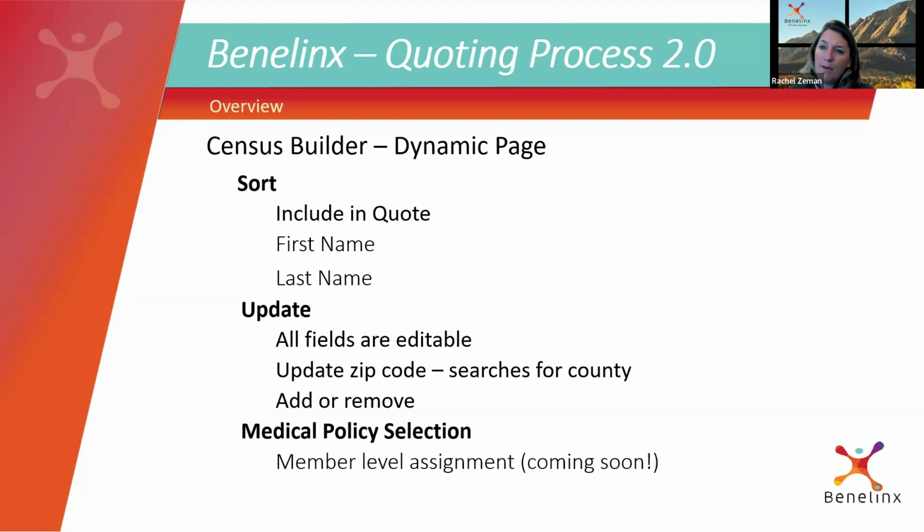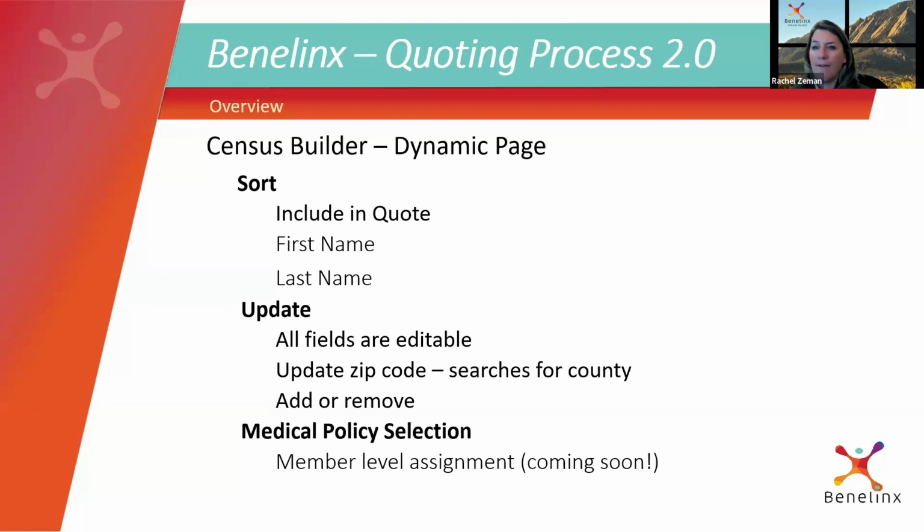I'll show you also that we're moving into this member level assignment. This has been a challenge for us to figure out how to do it efficiently and effectively, being an agency management system first. And I think we figured it out. So more to come soon on that, but we're going to be able to assign the plans that your current users have.